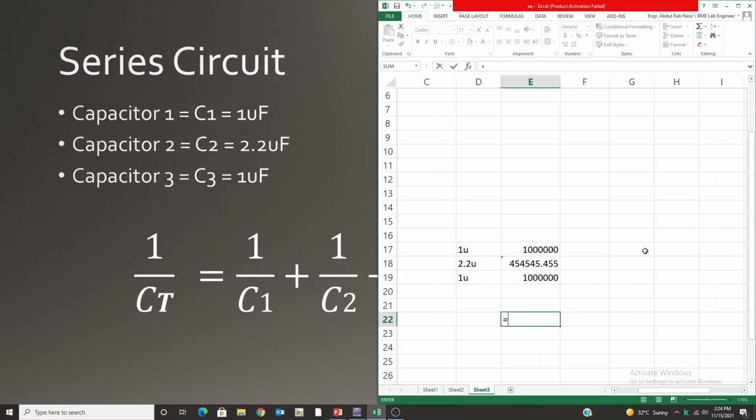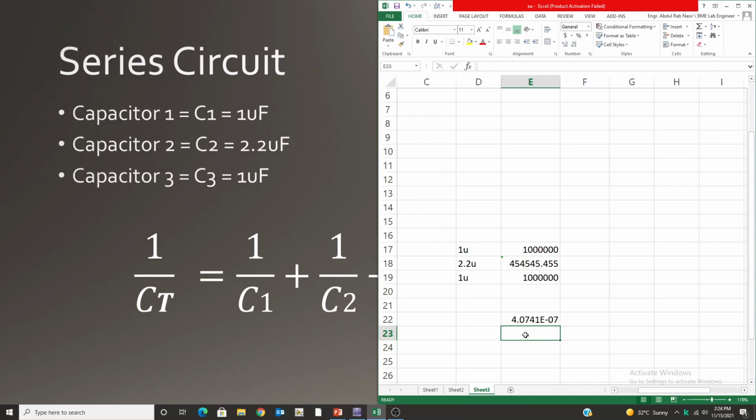Okay, now we have to sum up all these capacitances. 1 divided by this plus this plus this and close the bracket. So the total capacitance will become 4.07 exponent minus 7.